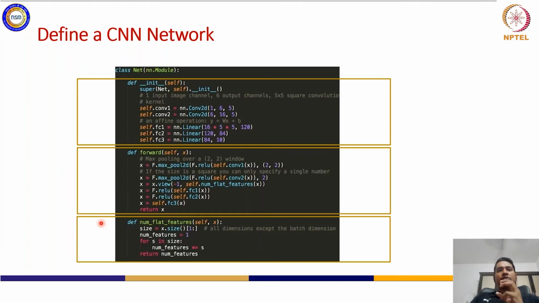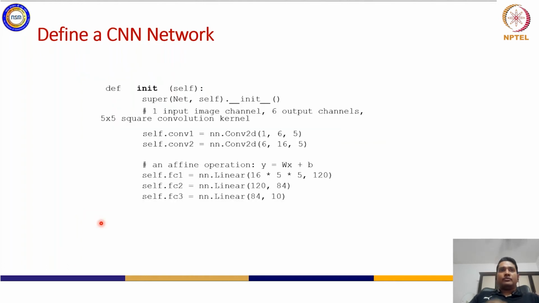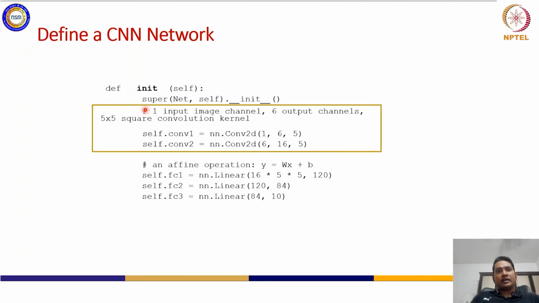So these are the essential functions that you need to develop for defining your neural network model. The first function that we want to define is the initializer. In the initializer, first we have defined the convolutional layers. You remember from the architecture diagram that you saw that we had two convolutional layers.